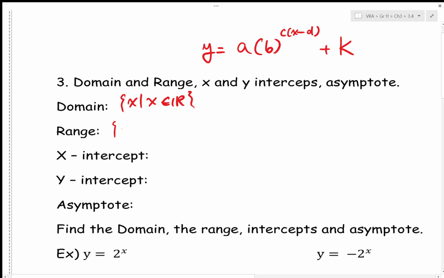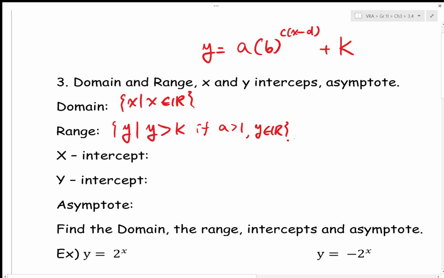Your range is always y such that y is greater than, not equal to, k if a is greater than 0.